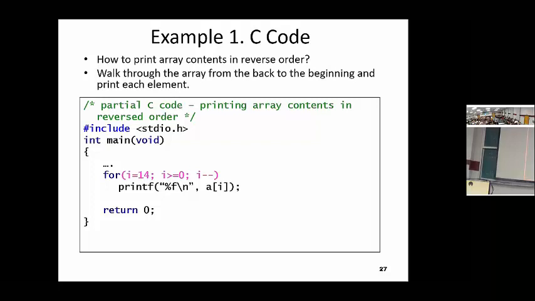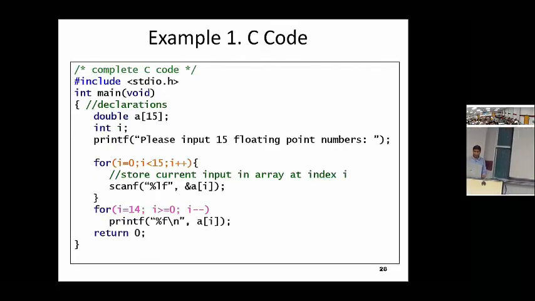Here you have a decrement condition, not an increment one, which means every iteration is going to decrease i by 1. Does this make sense? So here we ended up with 2 loops. One of them is going in the normal order to read the values from the user. The other one is going in reverse order to basically bring them in reverse order.